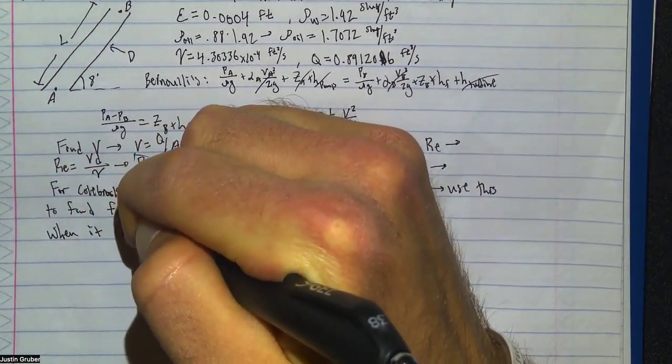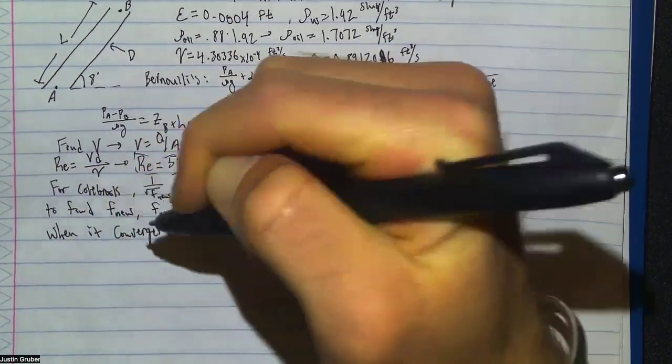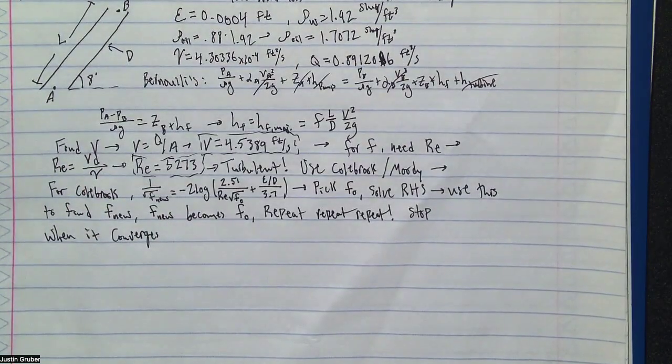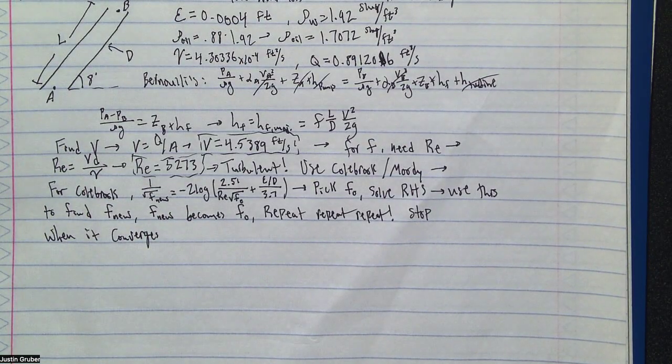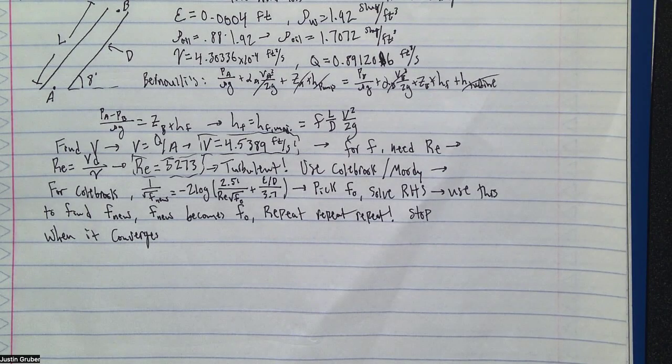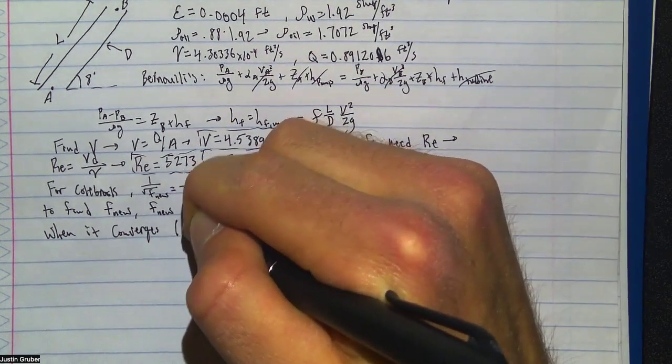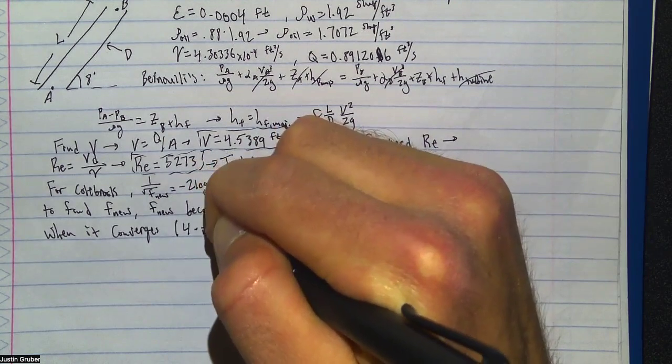And converges is a loose term, right? When do you stop? I would say to 3 or 4 decimals tops. I'd say four. Four is pretty good.